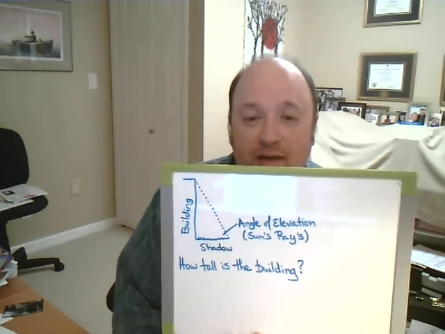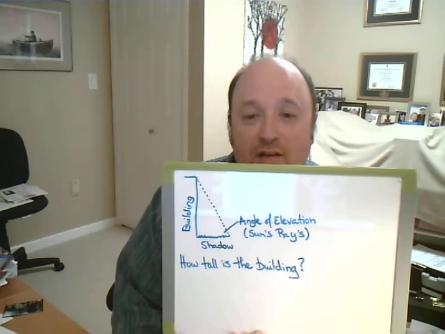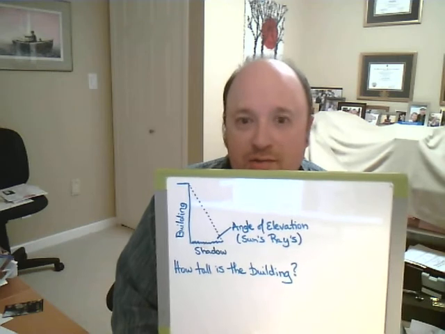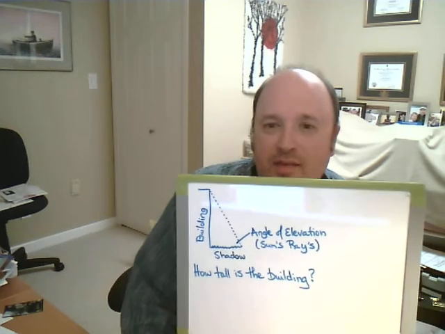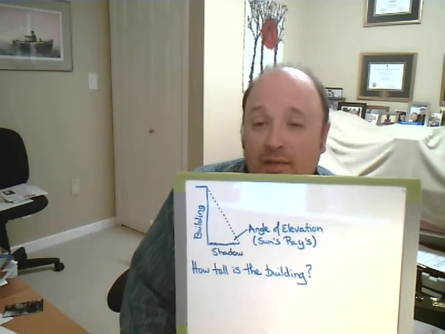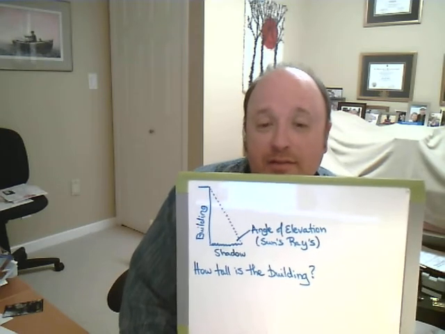They'd ask you to tell them the height of the building. You can do this with mountains and trees and all sorts of things. In fact, this is the same sort of thing that they use to measure distance from planets. It's a little more complicated than that, but it's kind of the same idea.